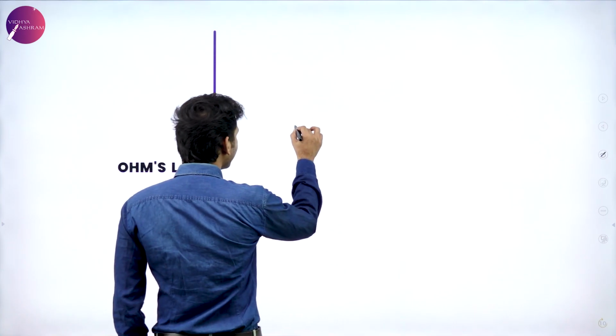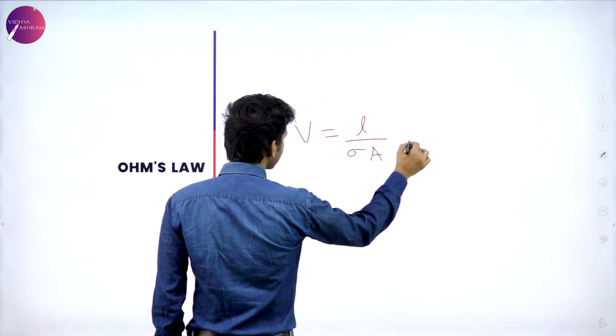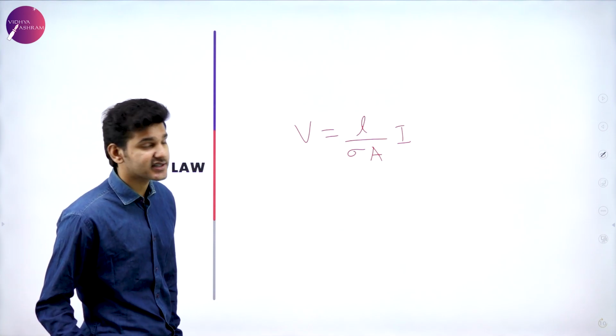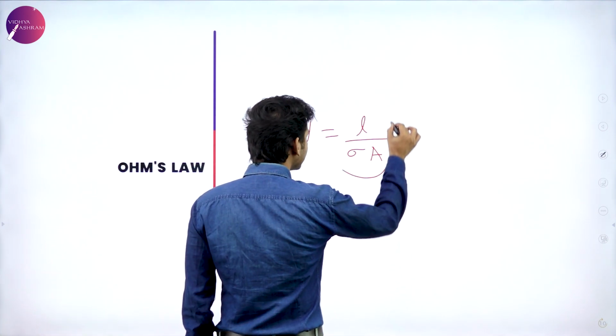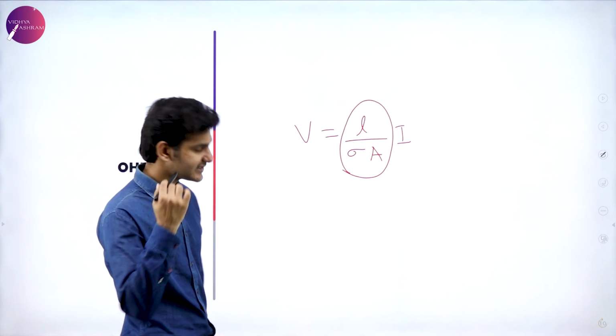But if you remember the last class, we proved Ohm's law, which stated that V is equal to L by sigma A into I. This was the result we derived in the last class, and we could say that this particular quantity is now known as R, or resistance.